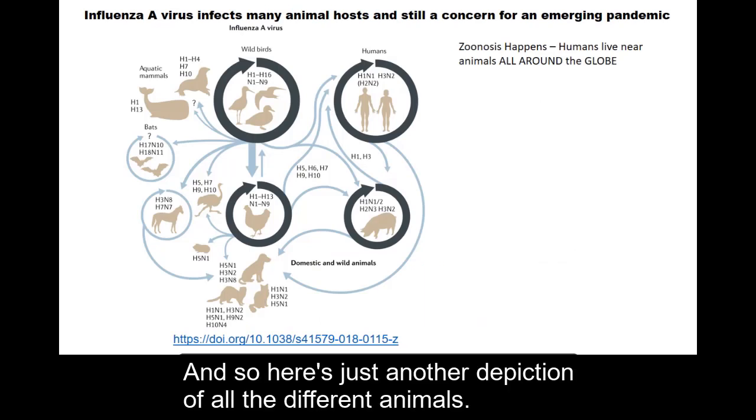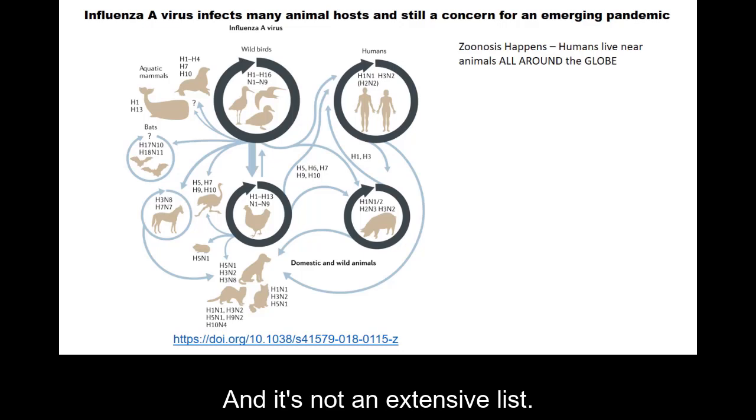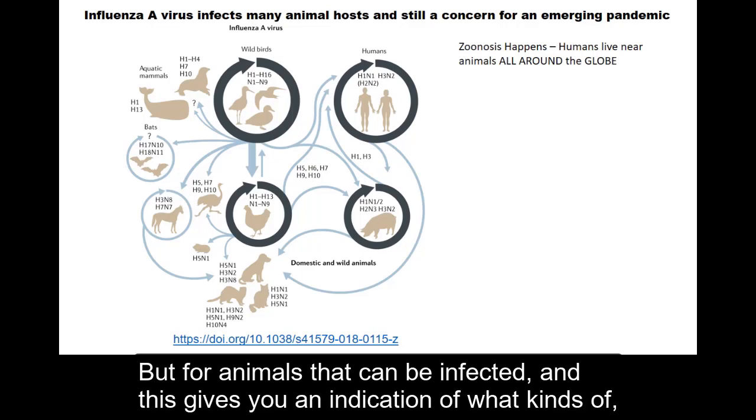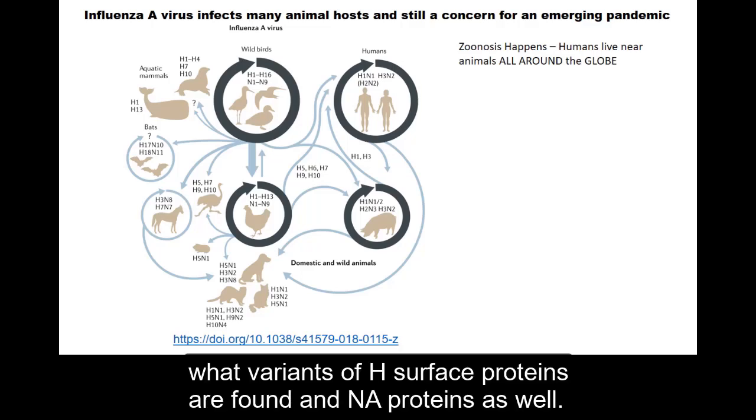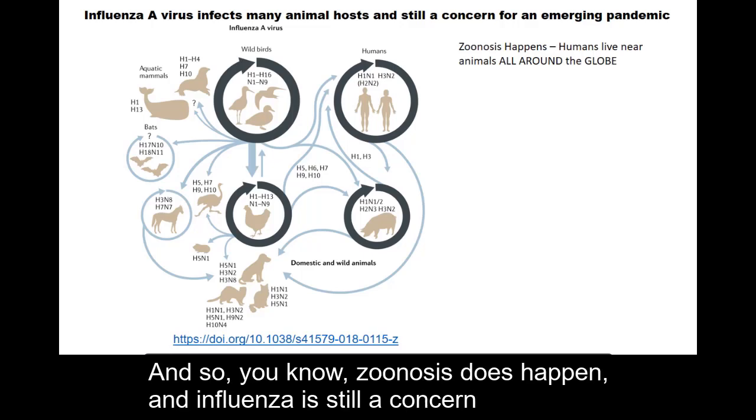And so here's just another depiction of all the different animals, and it's not an extensive list, but the animals that can be infected, and this gives you an indication of what variants of H surface proteins are found, and NA proteins as well.